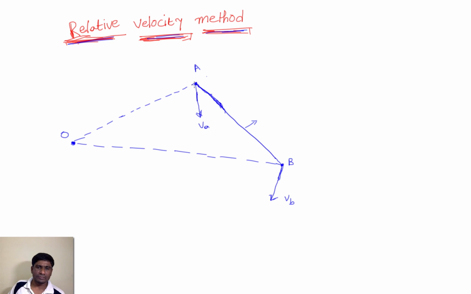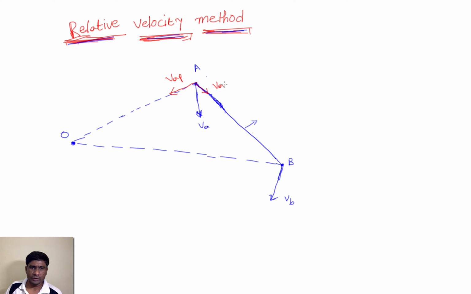And if I resolve these velocities perpendicular and parallel to the link, this is the perpendicular component VAP and this is along the link.